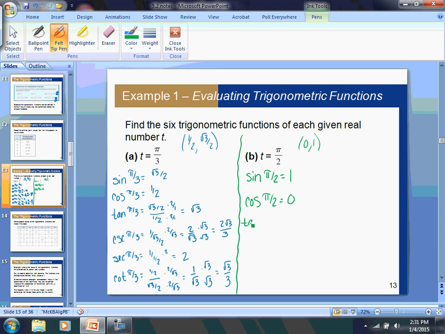And then tangent of pi over 2, okay, that's sine over cosine, or 1 over 0. However, anything that you divide by 0 is undefined. So we don't have a value there for the tangent of pi over 2.